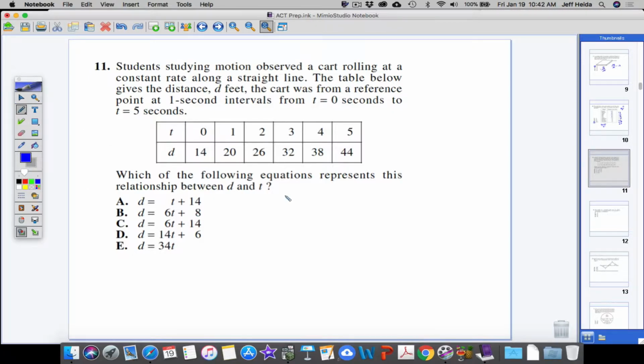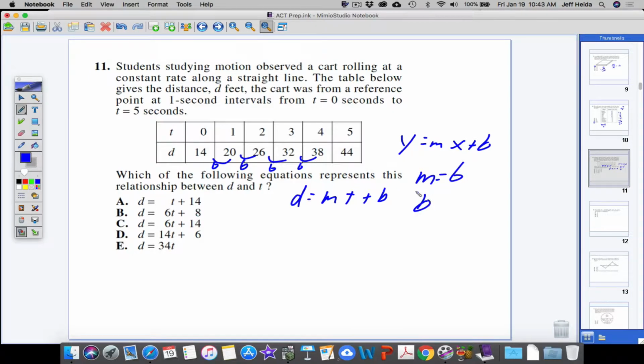So what we are going to do is d is equal to mt plus b, which is kind of a takeoff of y is equal to mx plus b, slope-intercept form. So we need to look at the slope. Between 0 and 1, it changes 6, 6, 6, so it's 6 every time, so it's 6 over 1 second, so m is equal to 6.